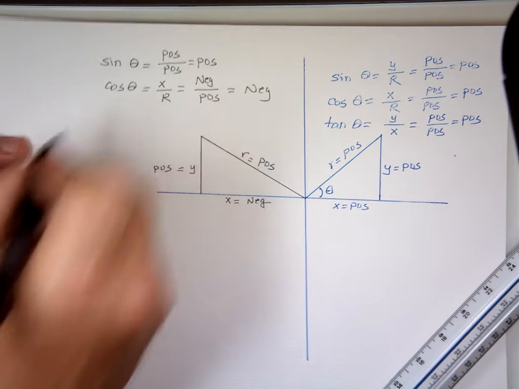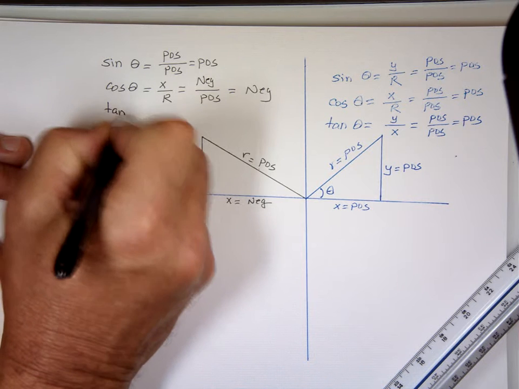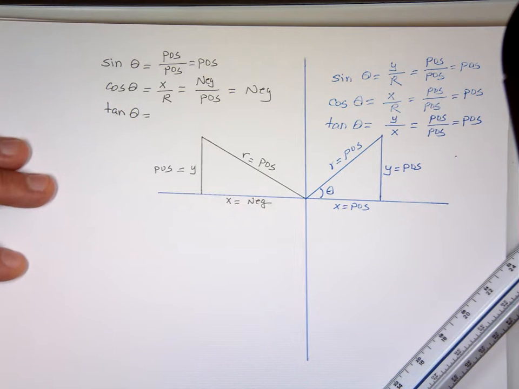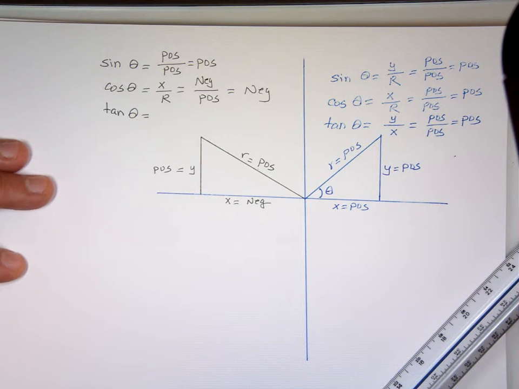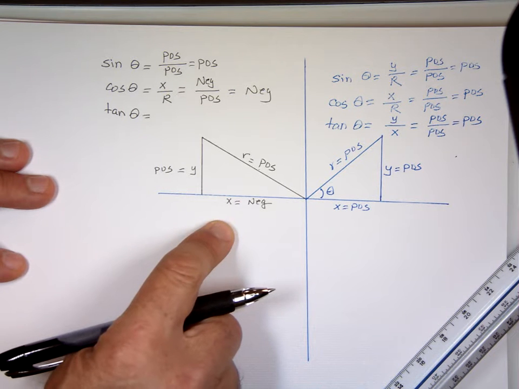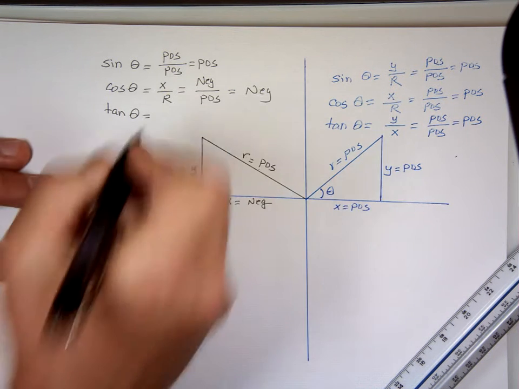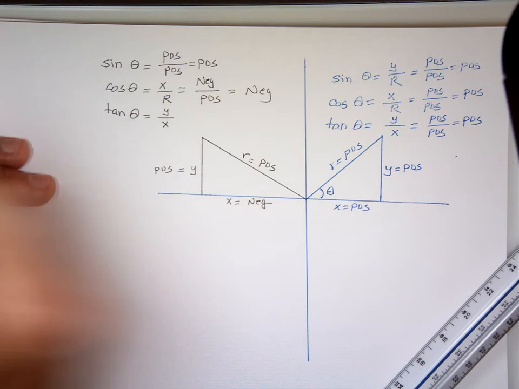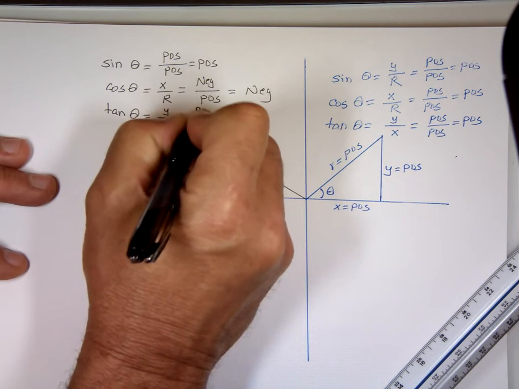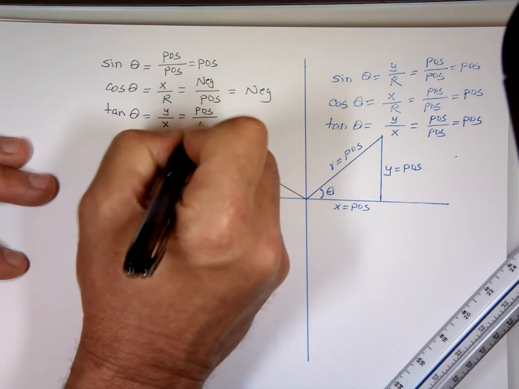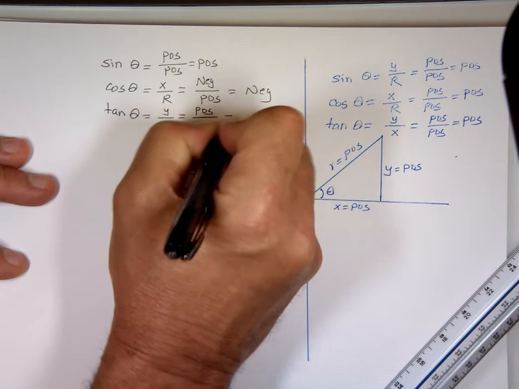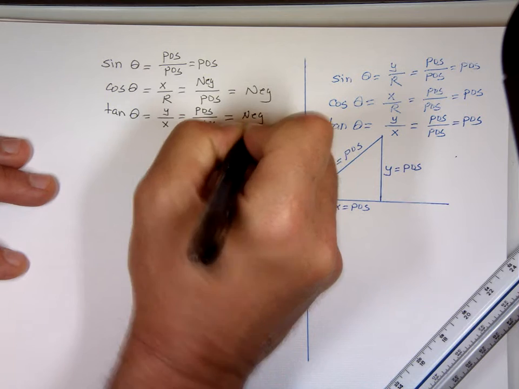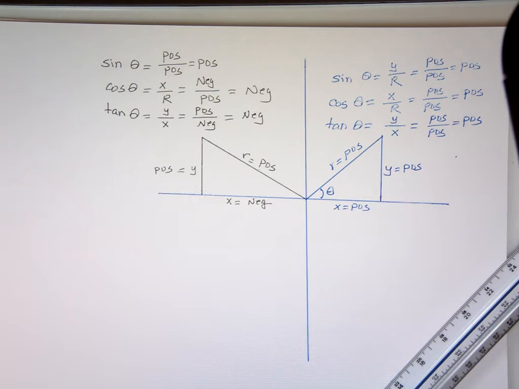And the tangent is opposite over adjacent, which is y over x. Positive over negative. And the result will be negative. So only the sine is positive in that quadrant, but the other two are negative.